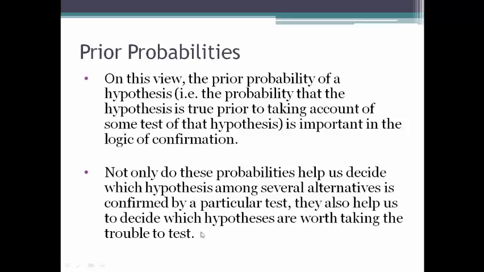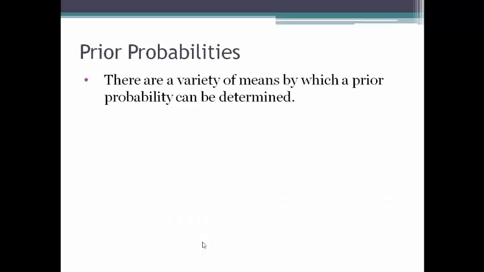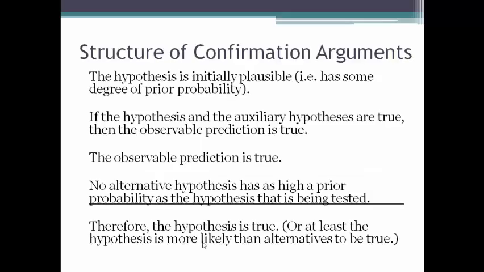So, for example, if something has a prior probability of almost 0, meaning it's really, really implausible, we're probably not going to bother testing it. But if it's got a reasonably high prior probability, it's more likely to be worth the effort of testing. There are a variety of means by which a prior probability can be determined. In some cases, only rough, non-quantitative estimates of prior probability can be made. In others, precise quantitative values can be assigned.